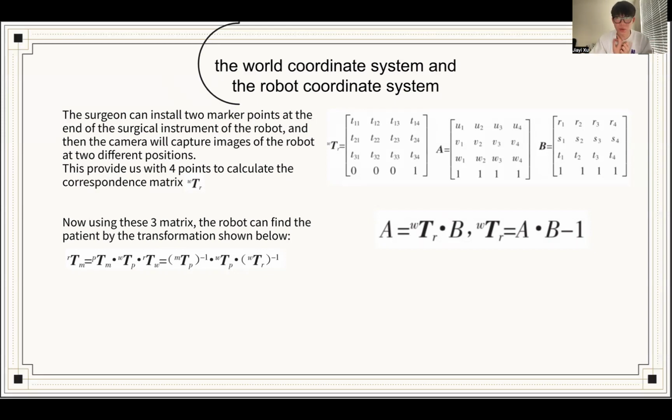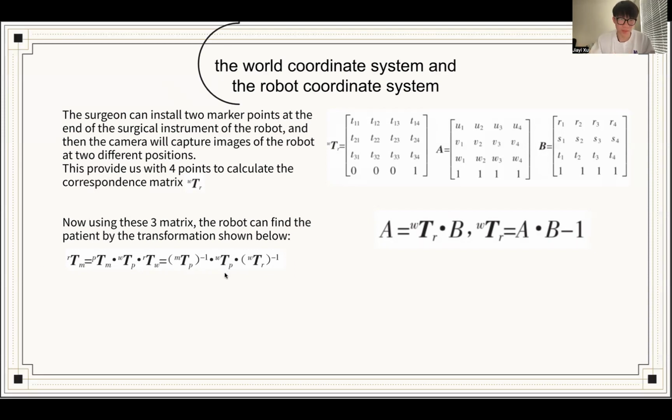Using these 4 points, we can similarly detect where the robot is and calculate the correspondence matrix. Now after this, we have 3 correspondence matrices, and using these three matrices, the robot can find the patient by the transformation shown below.